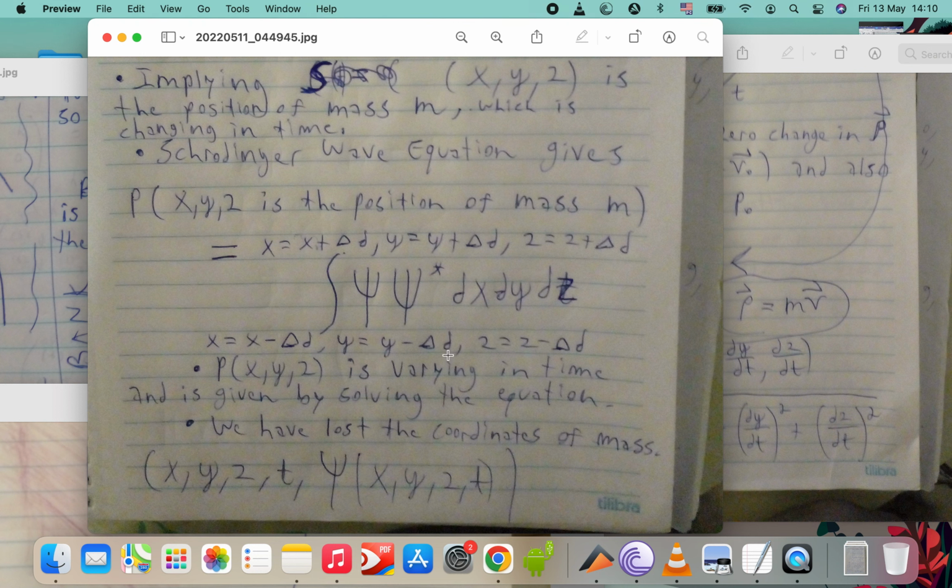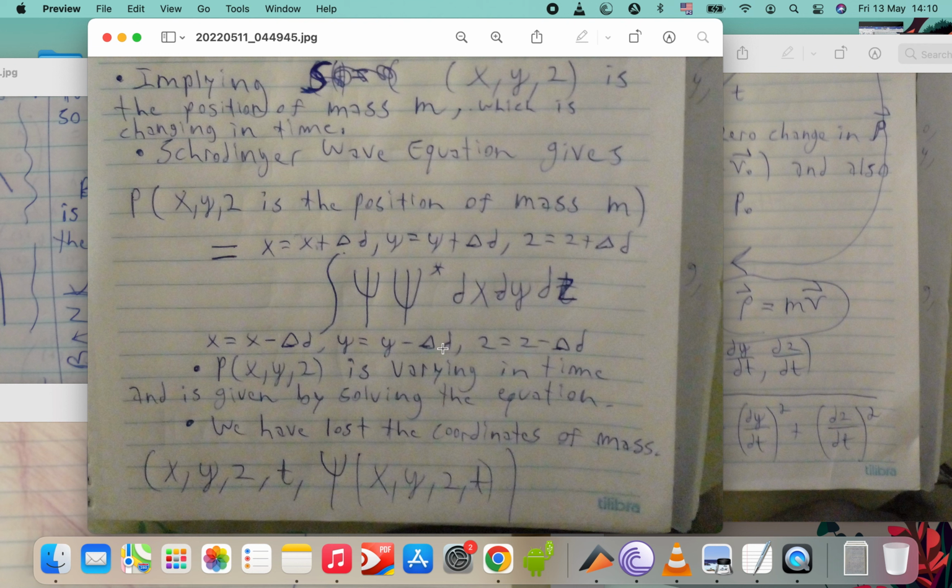But the point is that if we evaluate this, the integral of the complex conjugate of the expressions for the waves at the given coordinates x, y, z, from a little change delta d that we're subtracting from the coordinates all the way to a change of positive delta d, which we are adding to the coordinates, and we integrate this, then we should get a probability of finding a mass there on those coordinates.